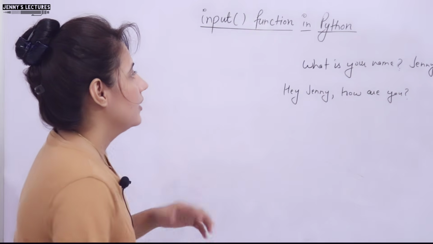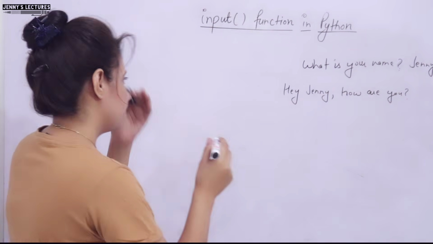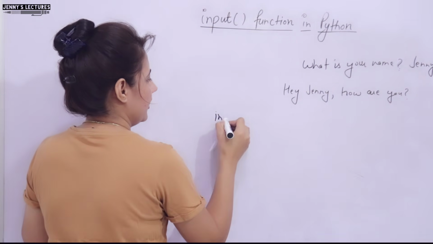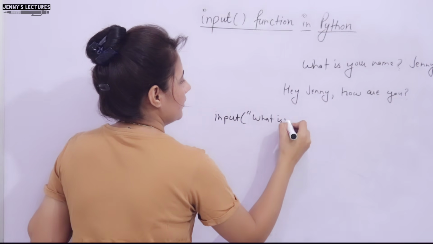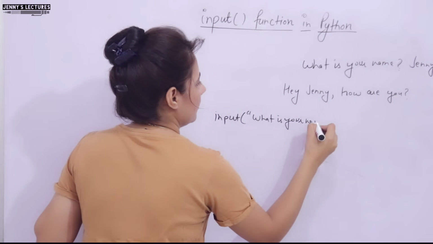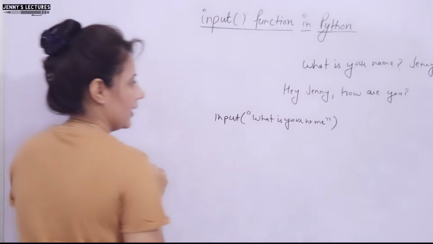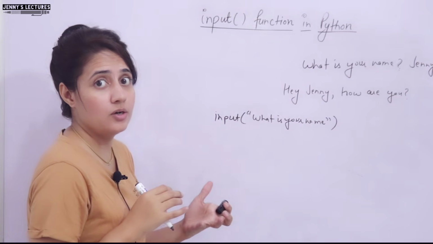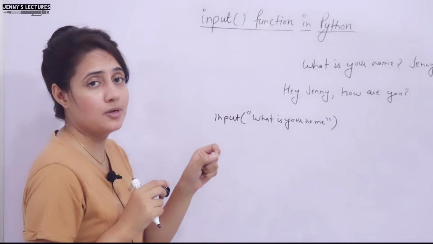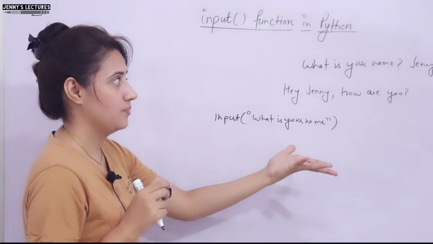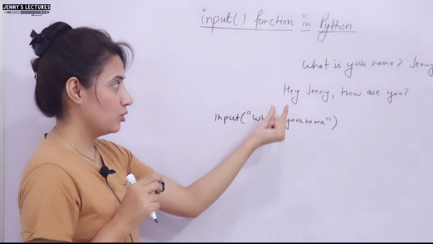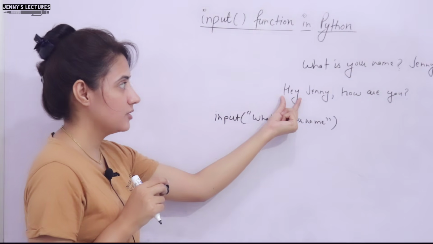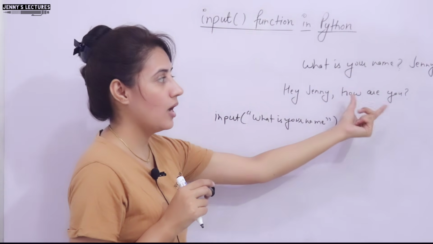Okay, now how to print this? See, for taking input we will use input, what is your name. Until now we have learned only one thing, that with the plus symbol we can concatenate strings. So this will give Jenny. Now you have to concatenate hey, then this comma, then how are you.